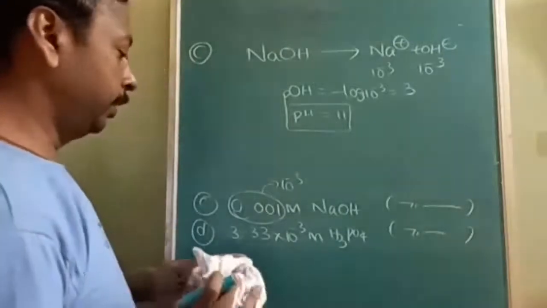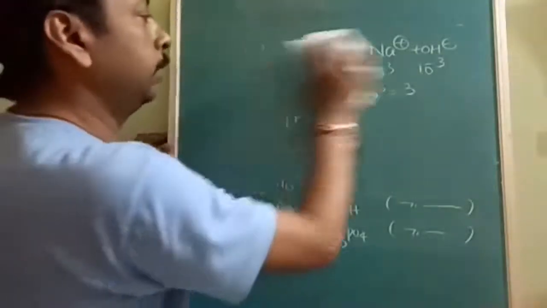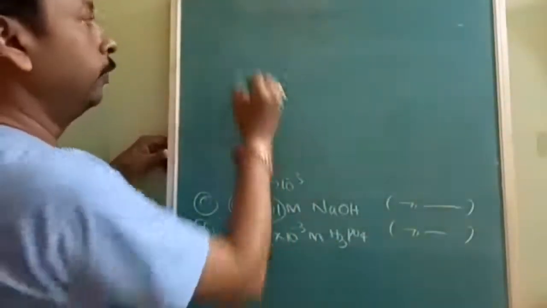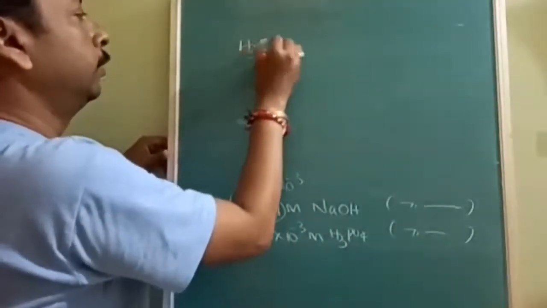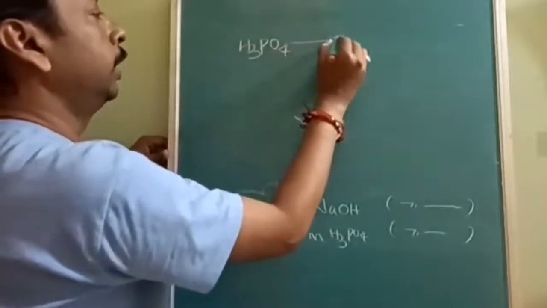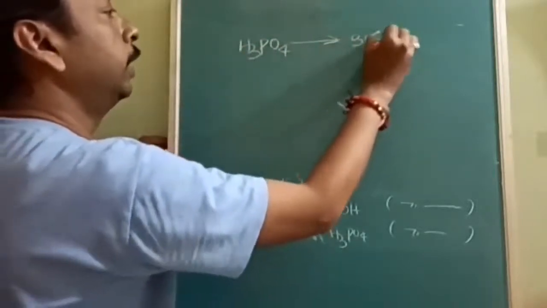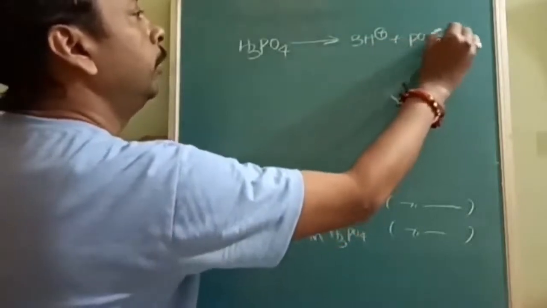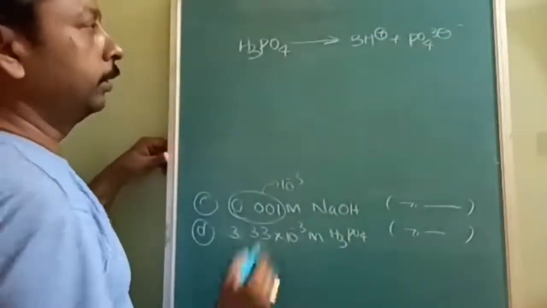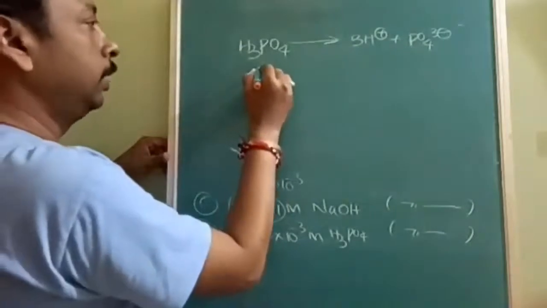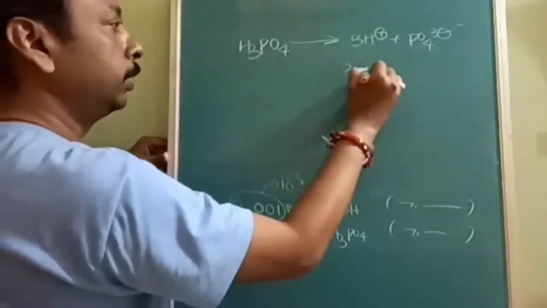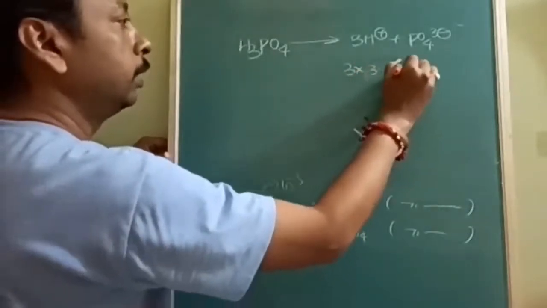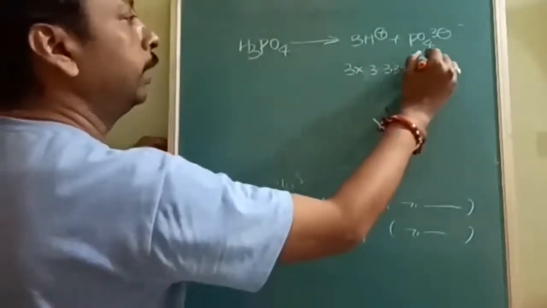pH is 11. Then the fourth part, I am taking it as H3PO4, which is a tribasic acid. Which acid? Tribasic. So H3PO4 will give 3H plus and PO4 3 minus. So this is 3 into 3.33 into 10 to the power of minus 3.